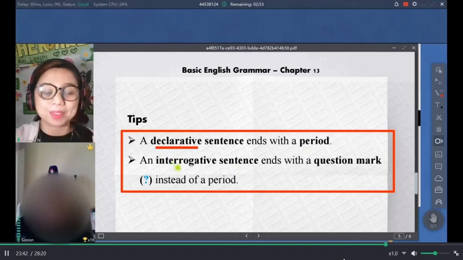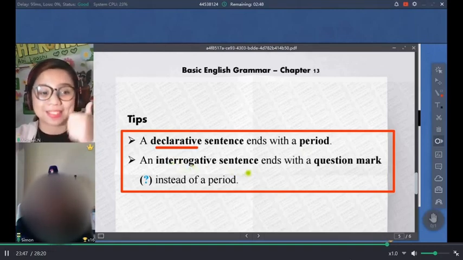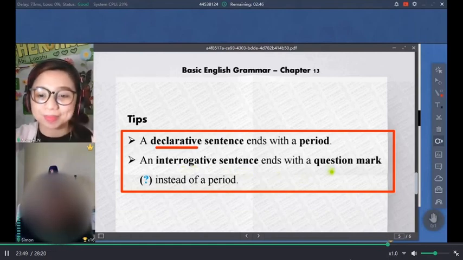Say "declarative." Okay, let's say it slowly. Declarative. A declarative sentence ends with a period. And an interrogative sentence ends with a question mark instead of a period.